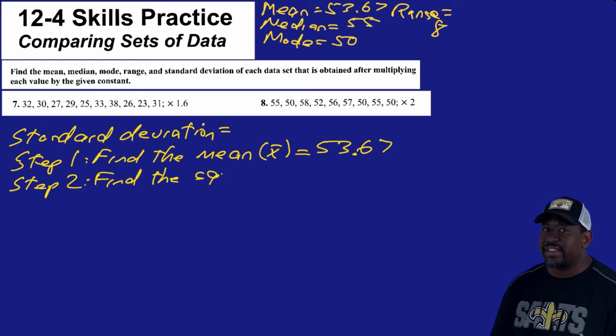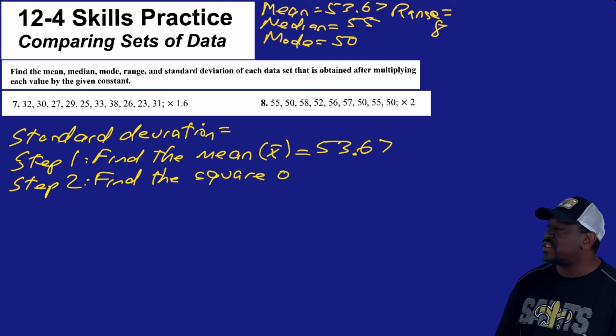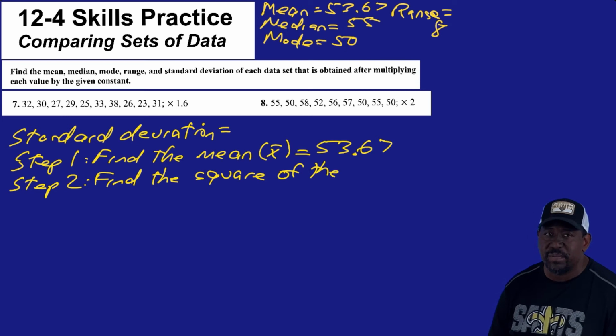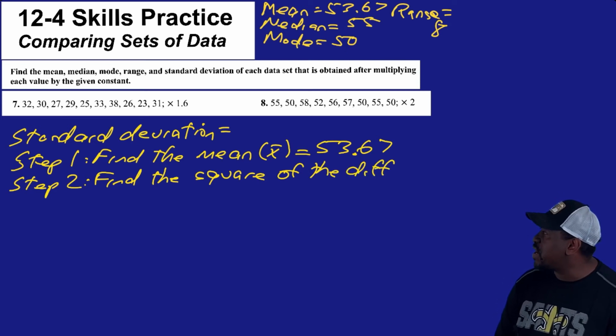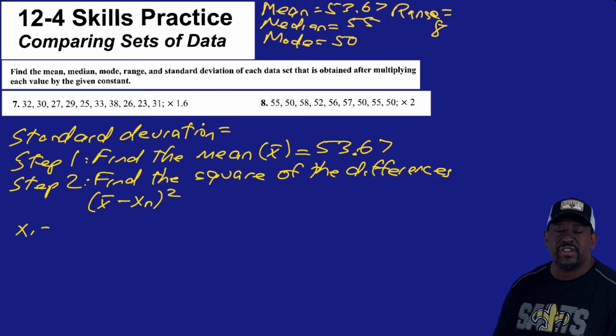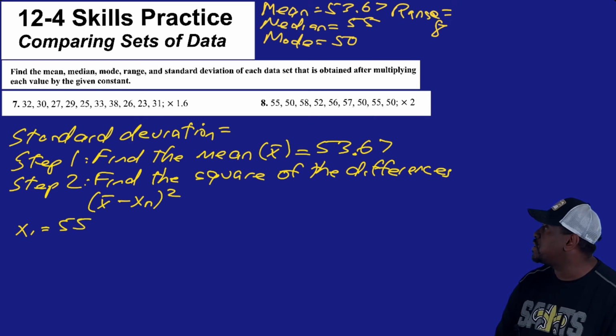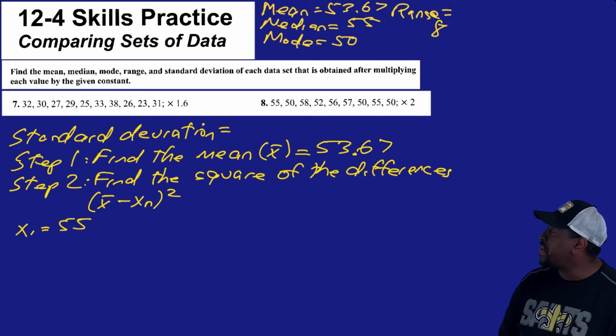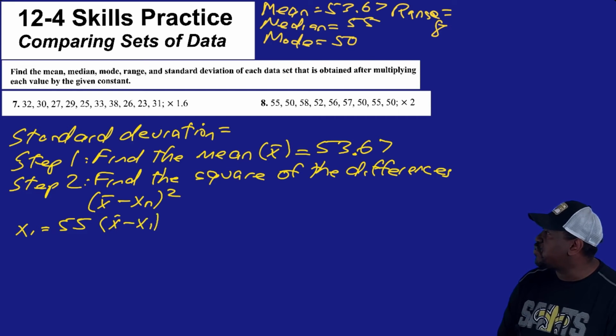Yeah, you're correct. It's to find the square of the differences between the mean and each term. So we're going to find the square of the differences between x bar, which is the mean, minus each term, squared. The first term here is 55, and so we're going to find the square of that difference from the mean: 53.67 minus 55, squared.